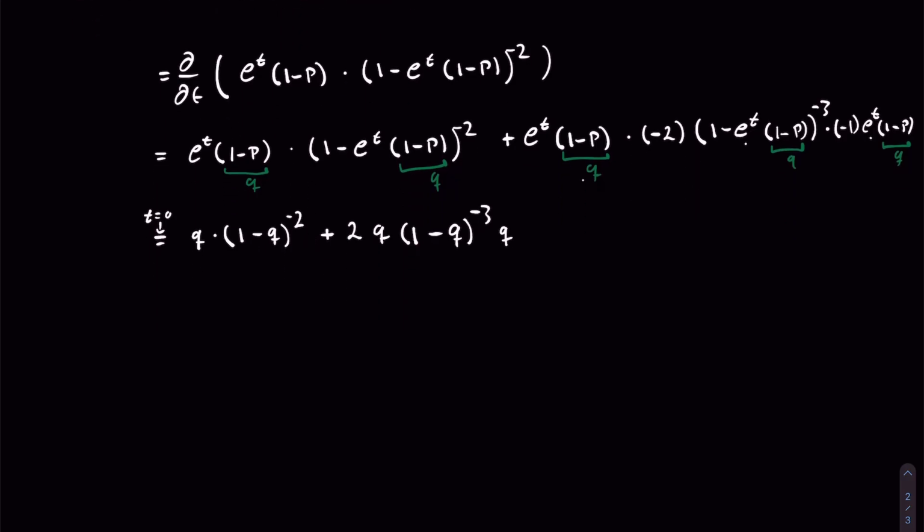Okay, it's getting simpler and simpler. And now I'm going to set all these 1 minus q's as p's.